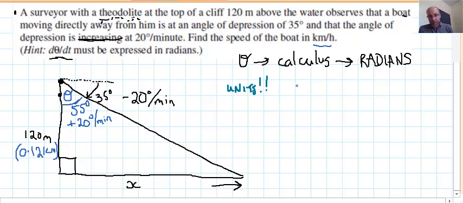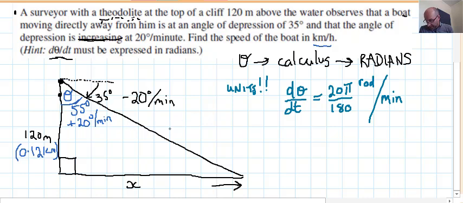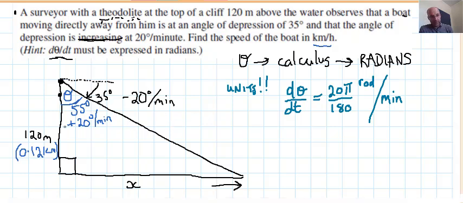We have a rate of change of angle with regard to time, so one of the things we've got is d theta dt. Let's work that out. I'm also converting the angular rotation, 20 degrees per minute.